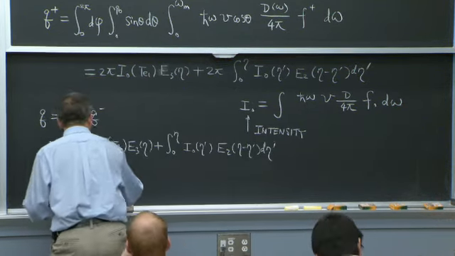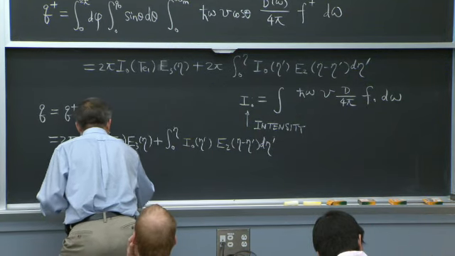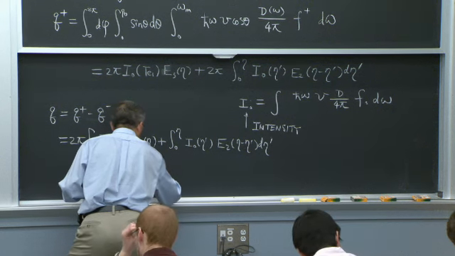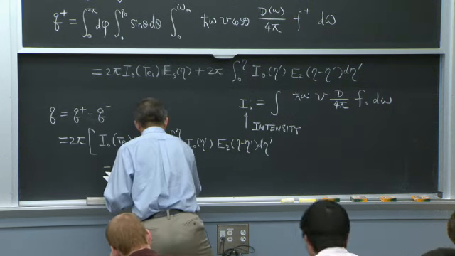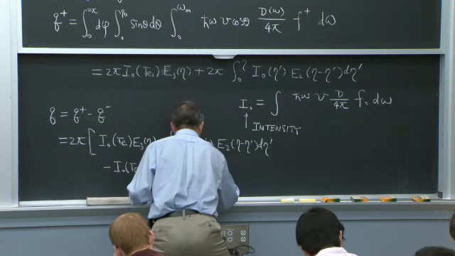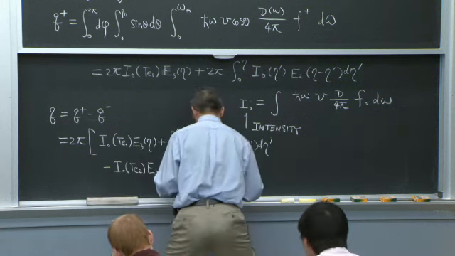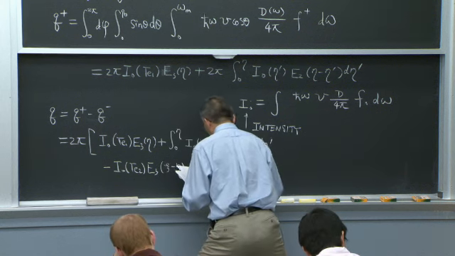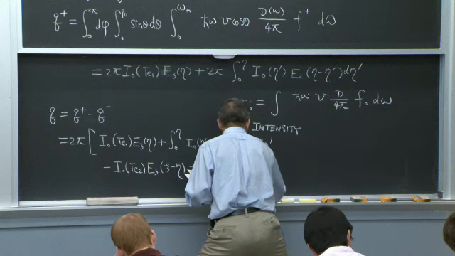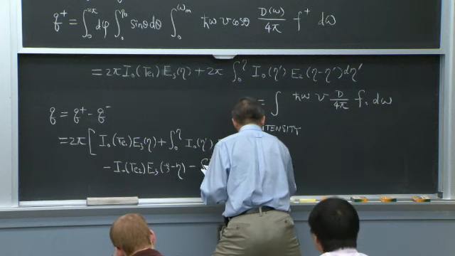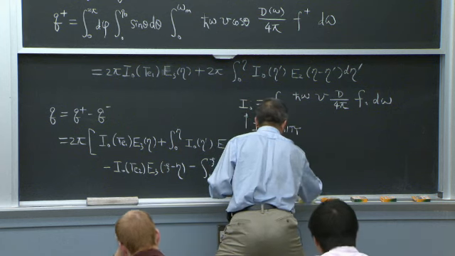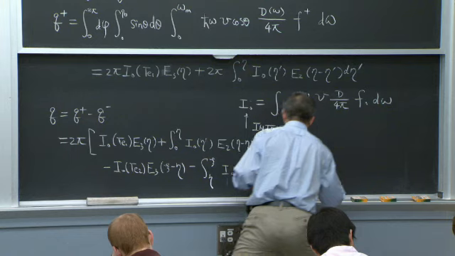And then I have the minus term, minus I0 T E2 E3 of cosine minus eta, minus the integral from eta to cosine of I0 eta prime and E2 of eta prime minus eta, d eta prime.